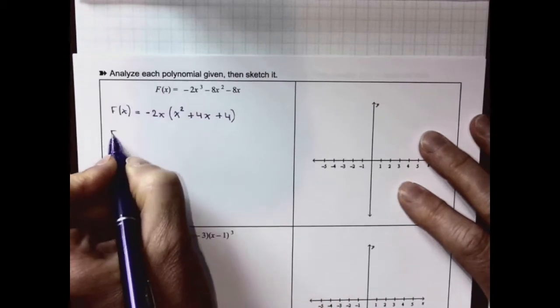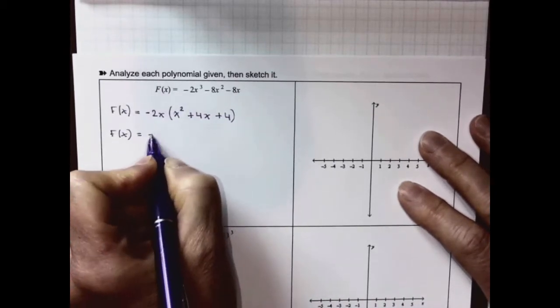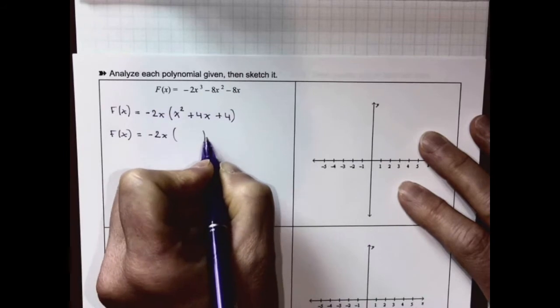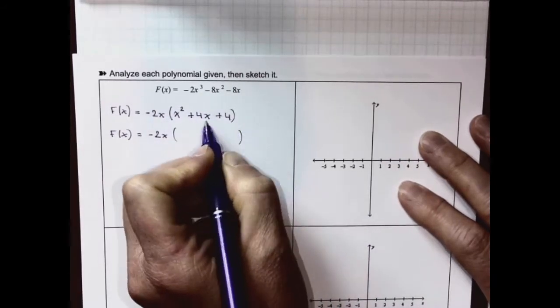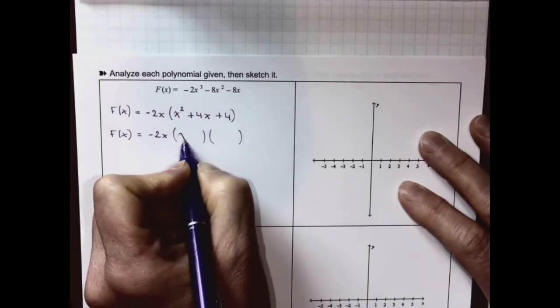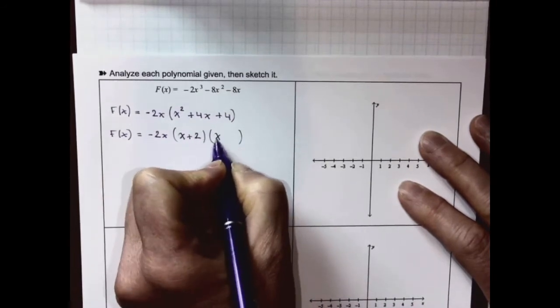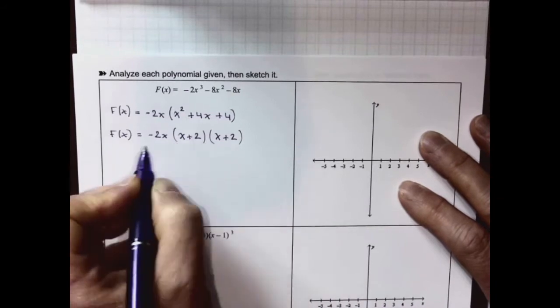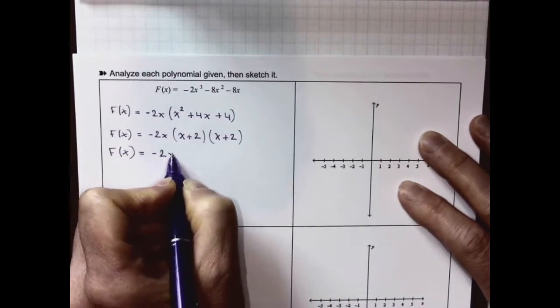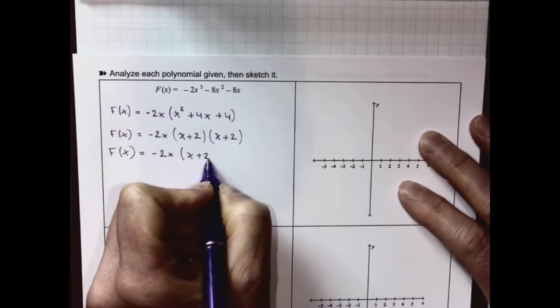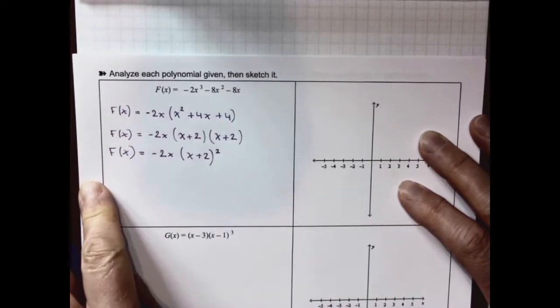So that would be f of x equals negative 2x. No number in the front, what can I multiply to give me a 4 and add up to give me a 4? That would be 2 and 2. So I have x plus 2, but we don't write those like that. Those are the same. So we're going to say x plus 2 squared. Okay, that's the factored form.